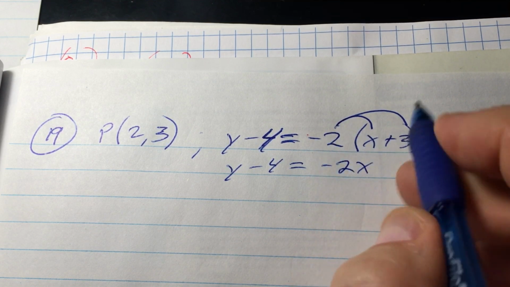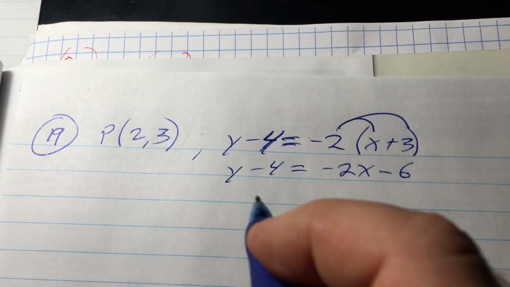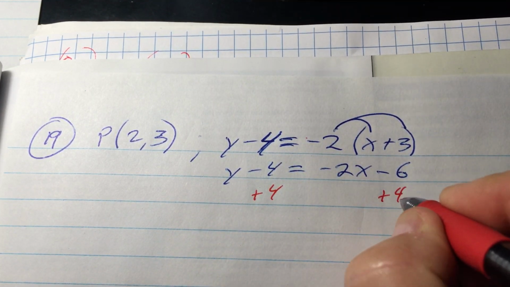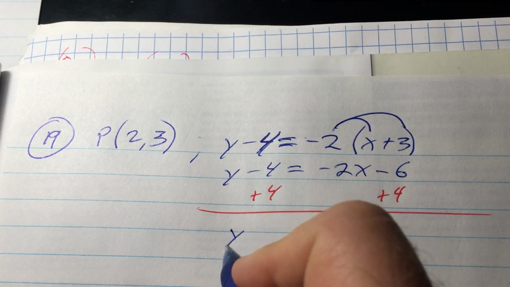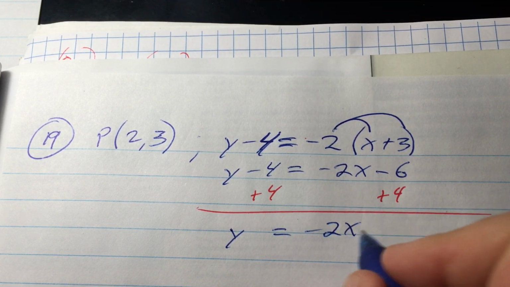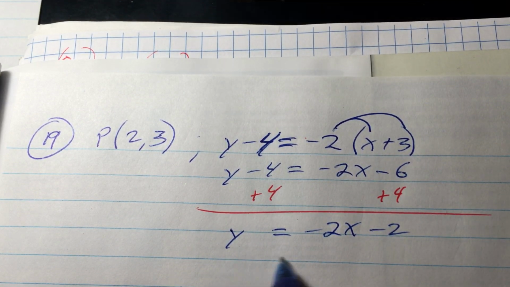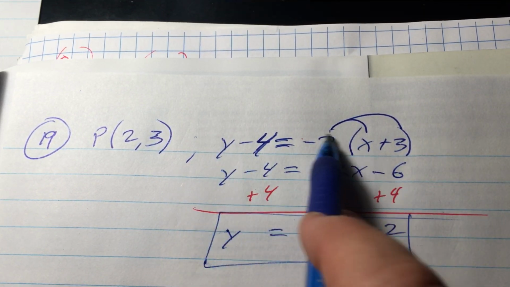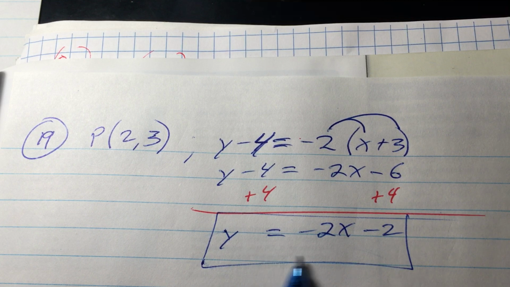That's a negative 2x. That's a negative 6. Now I'm going to add 4 to both sides of this equation. Negative 2x minus 2. Here's your equation. So from point slope form, we're changing to slope-intercept form, and we get this.